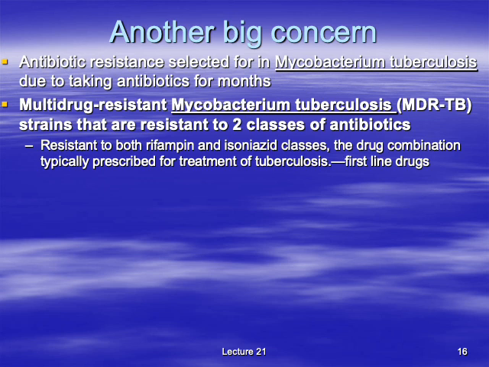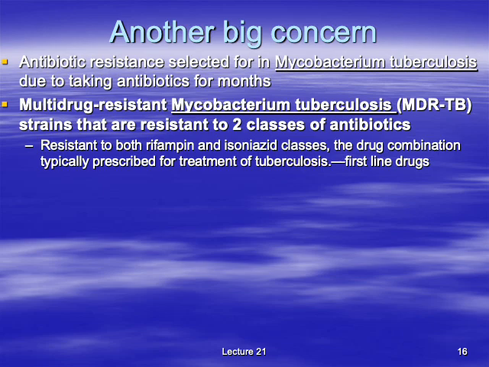So for instance, one group that you have to worry about are the multi-drug resistant Mycobacterium tuberculosis. That's MDR-TB. These are strains that are usually resistant to two classes of antibiotics, usually rifampin and isoniazid. Because why? Because those are the two classes that are usually used first on a person when they are diagnosed with tuberculosis.